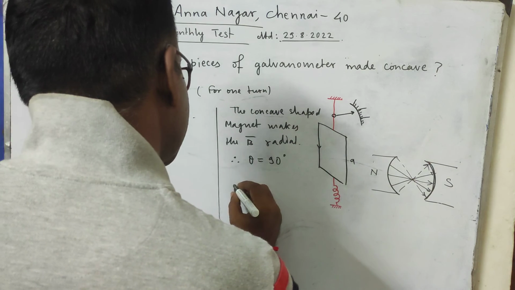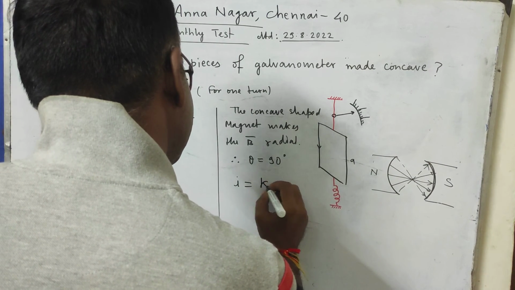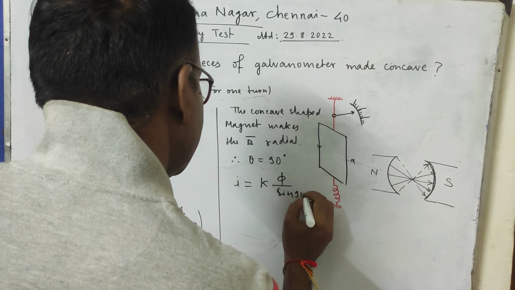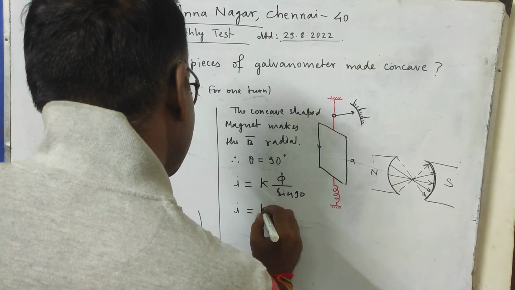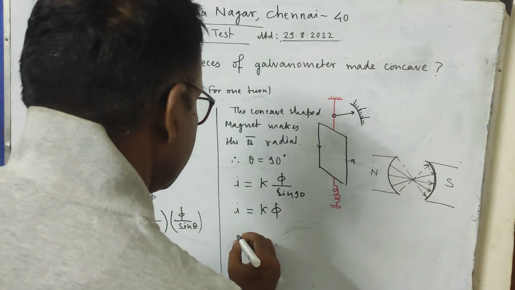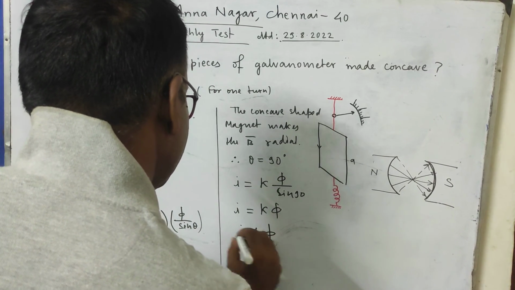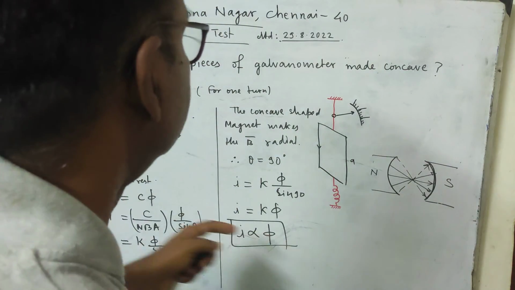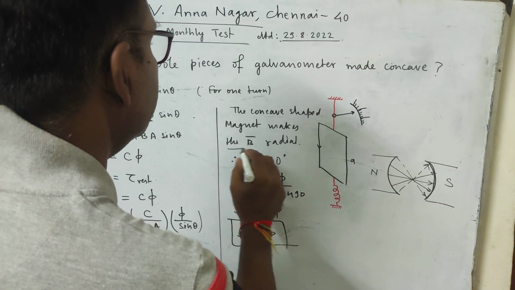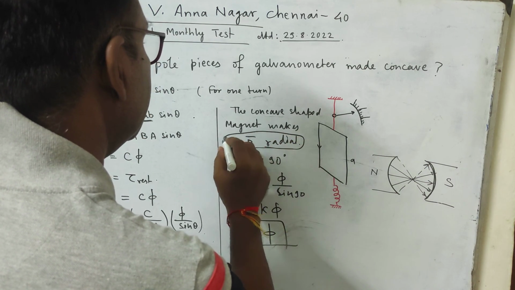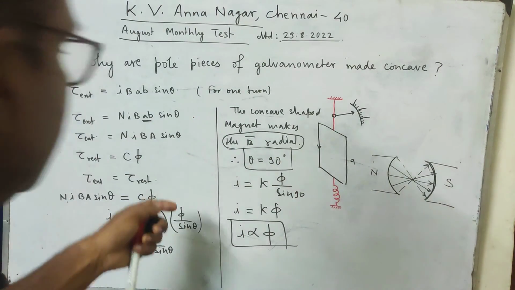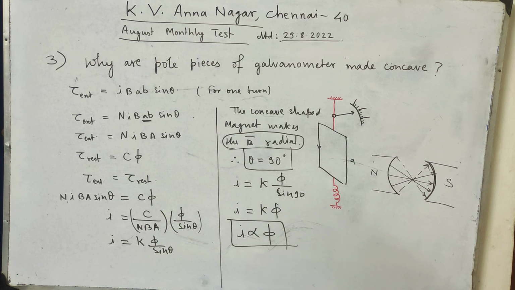So now I is equal to K times phi by sin 90. Sin 90 is 1, so I is equal to K phi. So I is proportional to phi. Now we have eliminated sin theta, due to this radial field. This is the reason it makes B radial, and consequently theta becomes 90 degrees, and that's why we get I proportional to phi. That is what we expected.